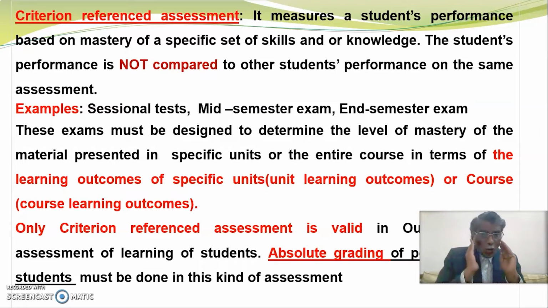Friends, only criterion referenced assessment is valid in outcome-based education. In outcome-based assessment of learning of students, absolute grading of performance of students must be done in this kind of assessment. If any college or university does a relative grading of performance in outcome-based education, that is wrong.